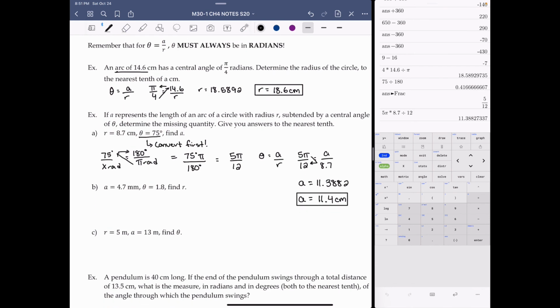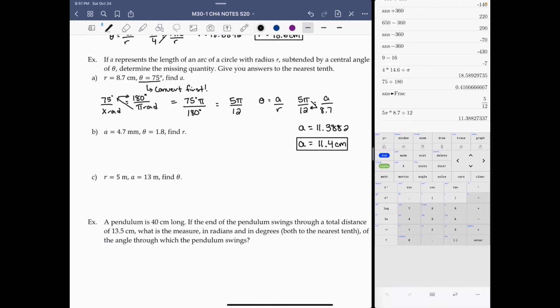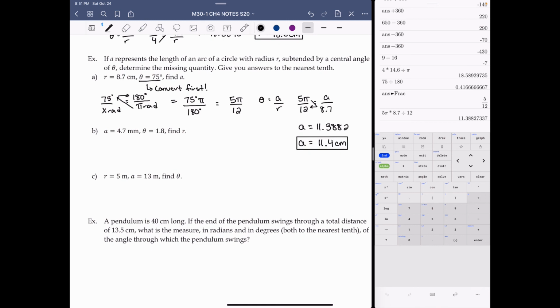B, A equals 4.7 millimeters, theta equals 1.8, find r. Looking at our theta, it has no units, so we know it's in radians. We can go right into our formula then. Theta equals A over r. Theta is 1.8 equals A is 4.7 divided by r, which we don't know.